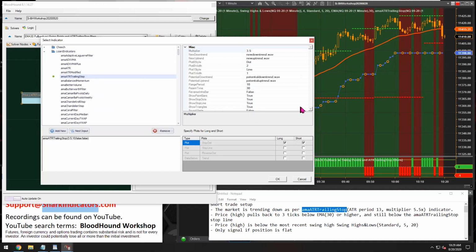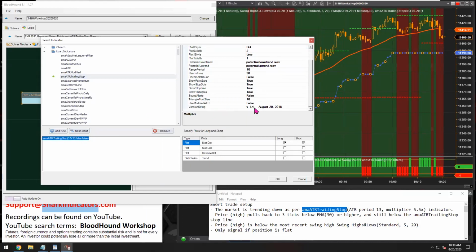Keep in mind, I am using version 1.4. So this was updated 2 years ago. Okay, anyways, let's get back here. We need to change the multiplier to 5.5 and the ATR range period.